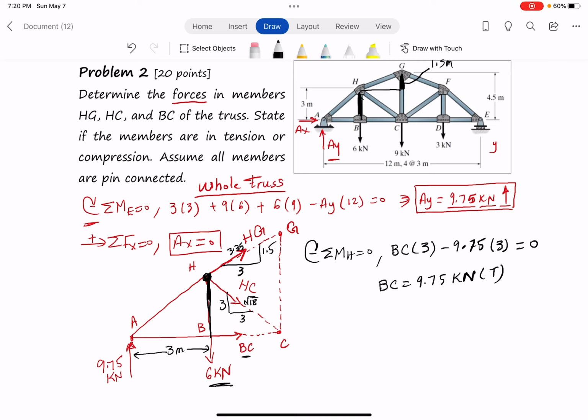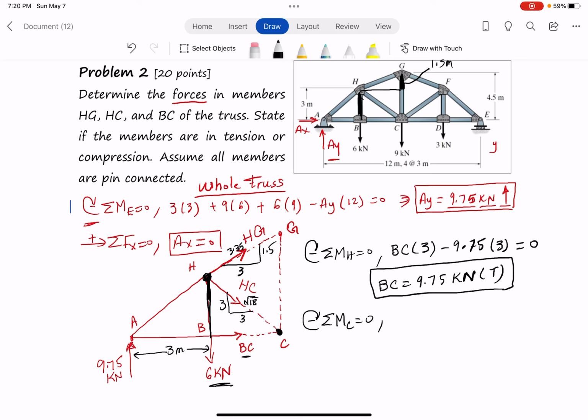Okay, what other equation should I use? This is the first one. Again, it's really good to find the summation of moment at point C. If you take moment at point C, you will not include BC and you will not include HC, and you could find HG. So summation of moment at C equal to 0, and that is negative.